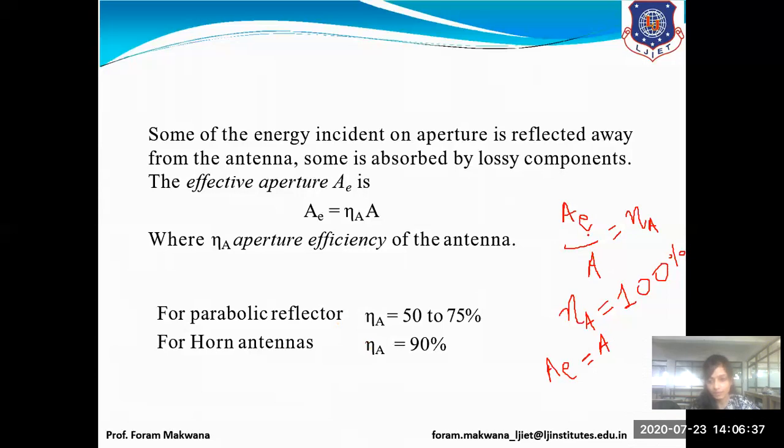AE stands for effective aperture and capital A stands for physical aperture. Right? So these are the representation of aperture efficiency. Okay?